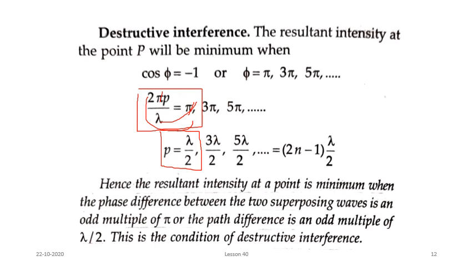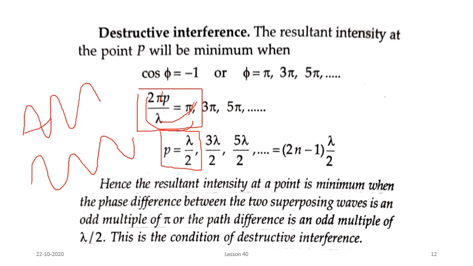Now what does this mean? If the light is coming out of the slit S1 like this, and the light coming out of the slit S2 is like this. Up till here it is lambda, up till here it is lambda. Again from this point to this point it is lambda.